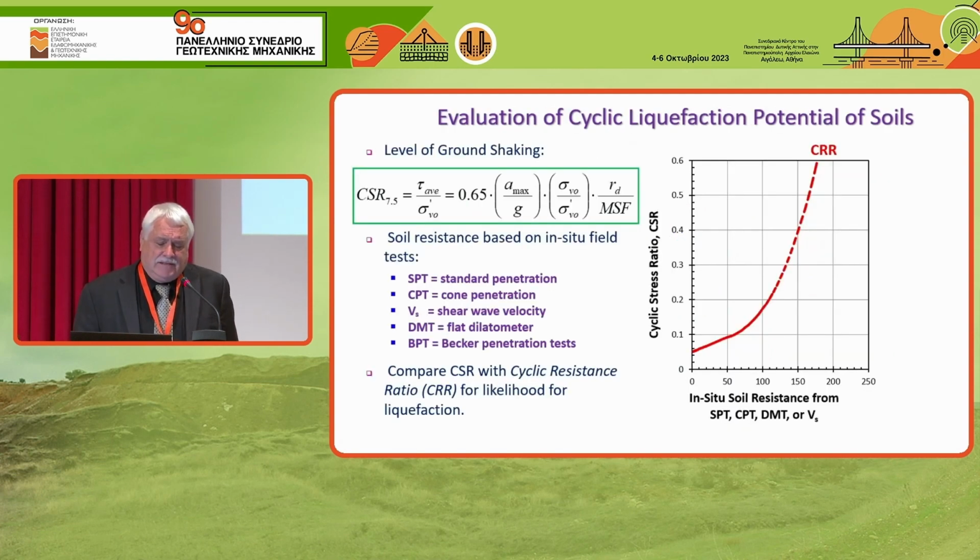Of course, cyclic liquefaction potential. You need the CSR, cyclic stress ratio. That's how much the ground's shaking during the earthquake. And you need a soil resistance. And that soil resistance is typically a normalized parameter from SPT, or CPT, DMT, or it could also be shear wave velocity, normalized shear wave velocity.